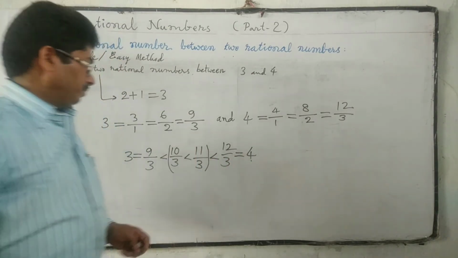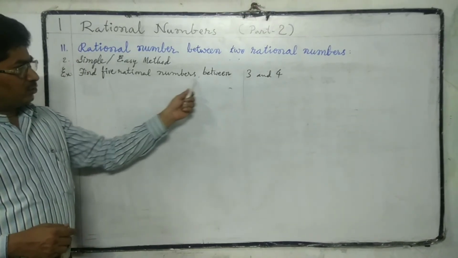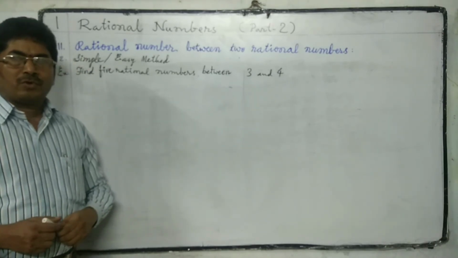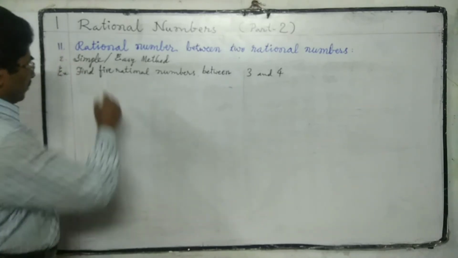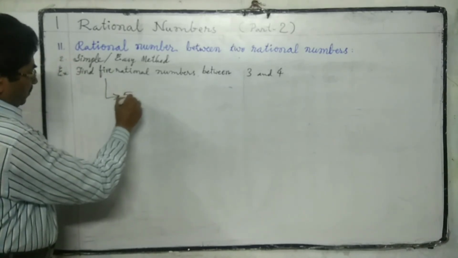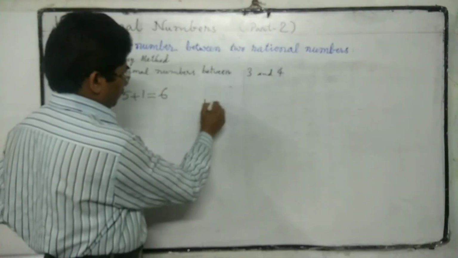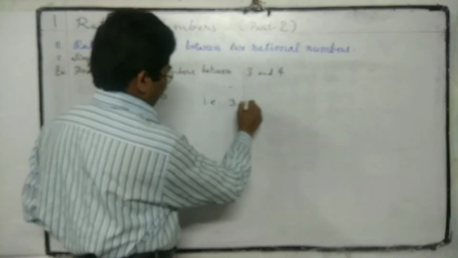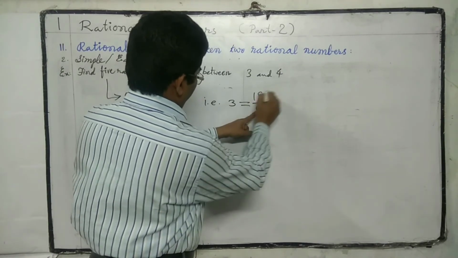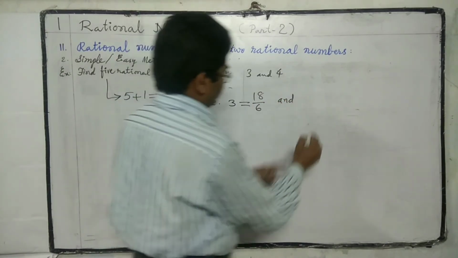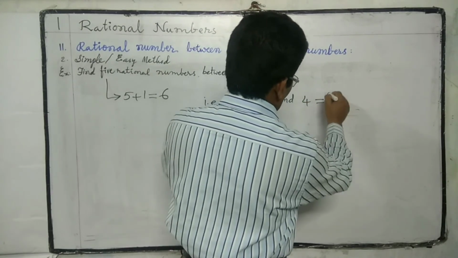These lie between 3 and 4. If we want to find 5 rational numbers between 3 and 4, we have to write 3 and 4 as rational numbers with the denominator 5 plus 1, which is 6. That is, 3 is equal to 3 sixes are 18 by 6, and 4 is equal to 4 sixes are 24 by 6.